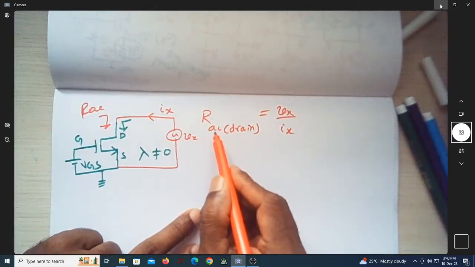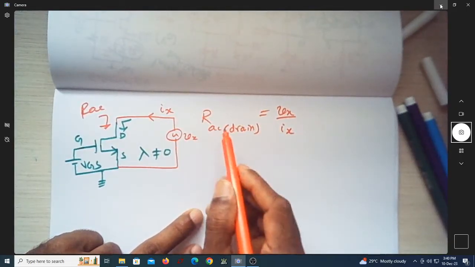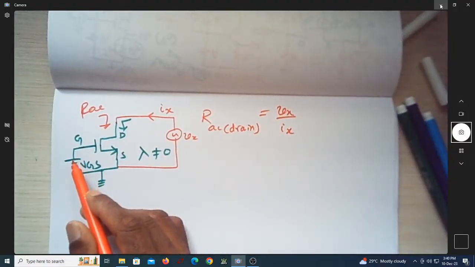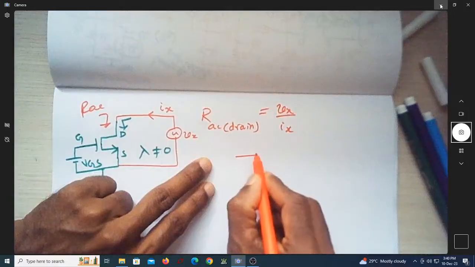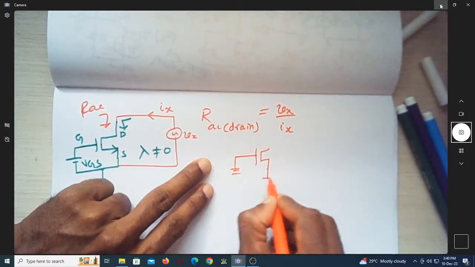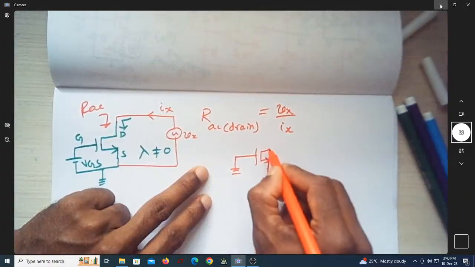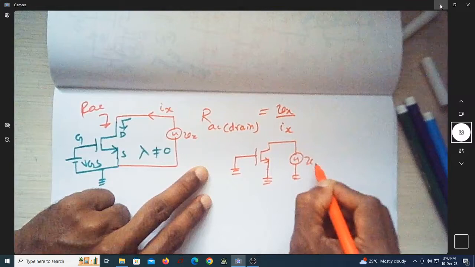We know that whenever you consider AC analysis, all DC voltages are grounded. So I'll ground this. I have grounded the gate. Source is anyhow grounded. Now I will apply the source, that is Vx.